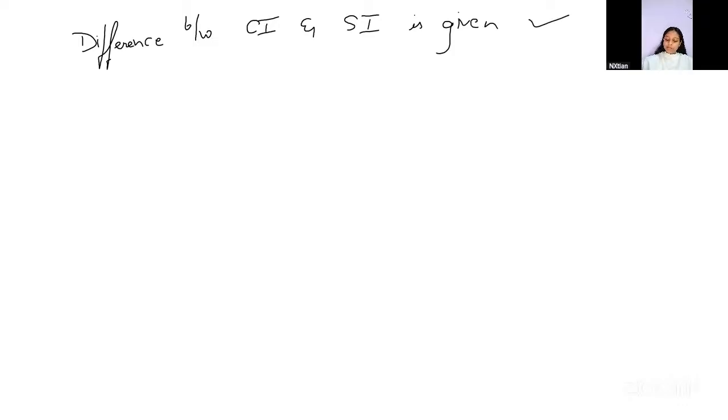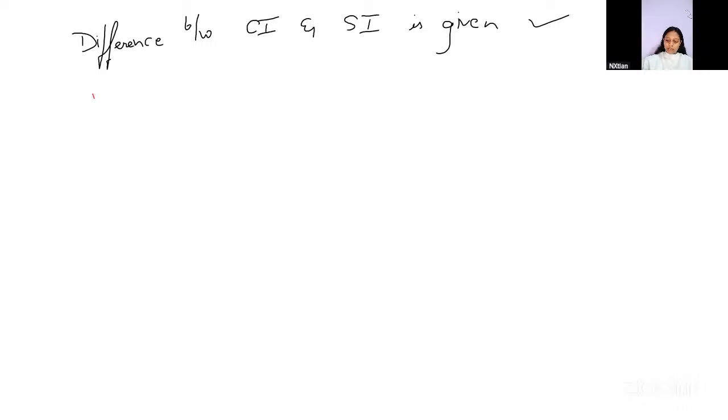Okay. Now, when the difference between compound interest and simple interest is given, that time we use this formula.